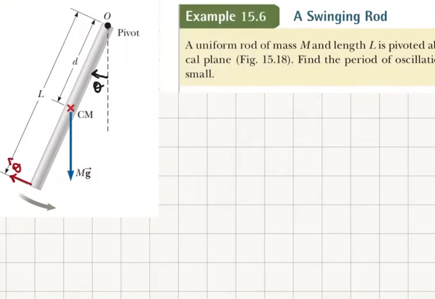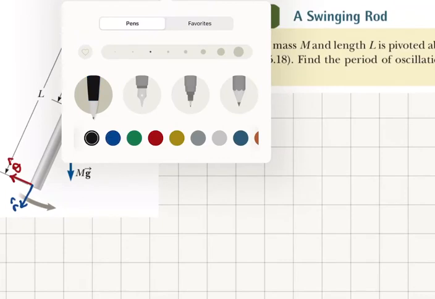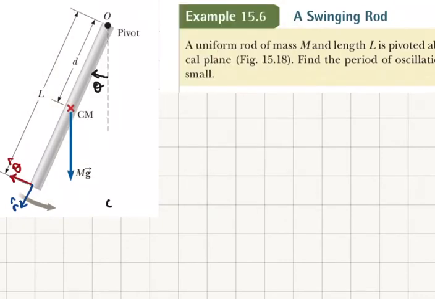In that case, this is going to be my theta hat direction, theta hat, and then I will have the r hat direction here. Okay, and this is my z-axis, this is my x-axis, this is my y-axis.